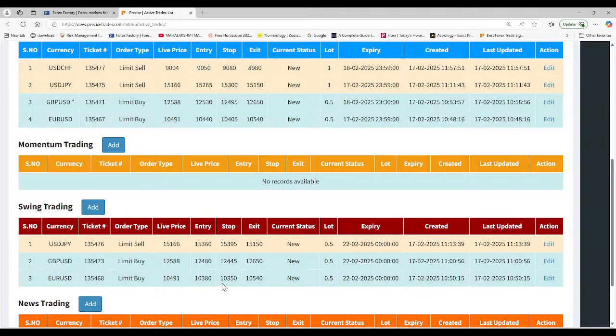So it's 105.40. I mean, if 105.15 breaks, then we can expect the price to move higher.